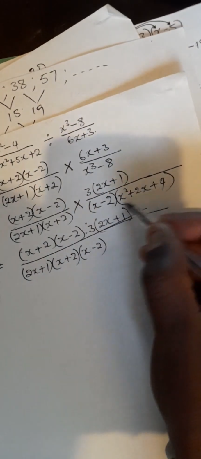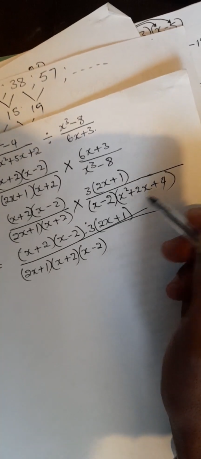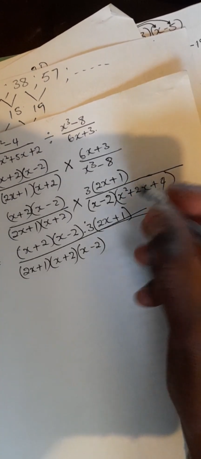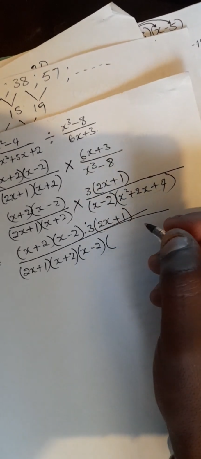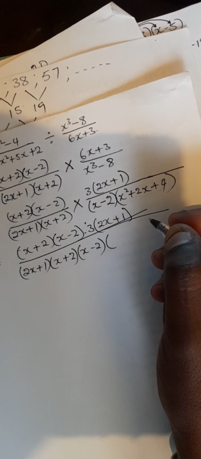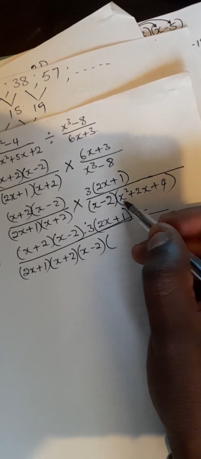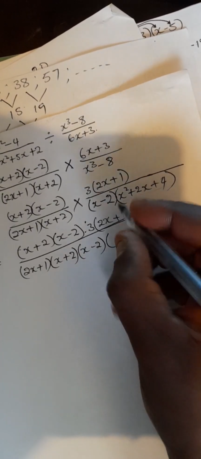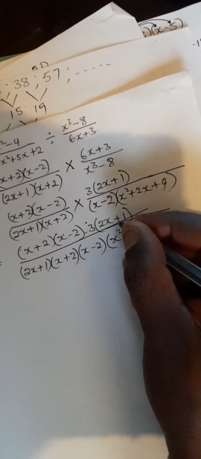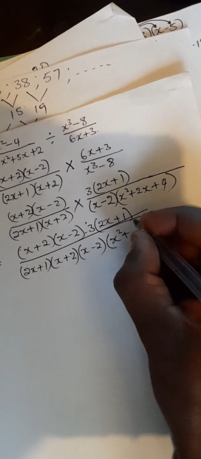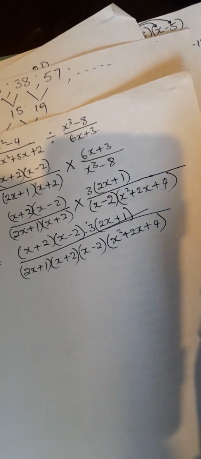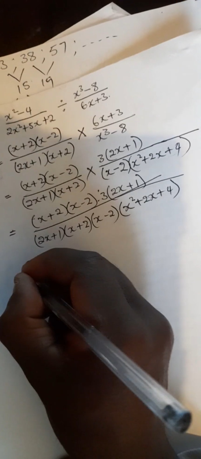So now inside these brackets, we want to write factors of this quadratic expression. What are the factors here? Okay, I cannot get the factors straight away. I think I'm gonna need to use the quadratic formula, so I'm gonna leave this as it is, right, like that. So let's cancel out like terms.